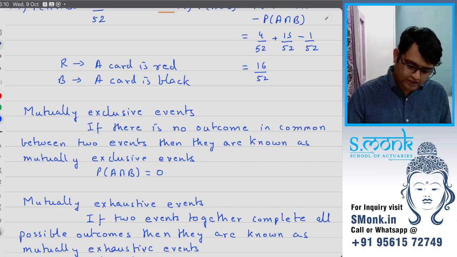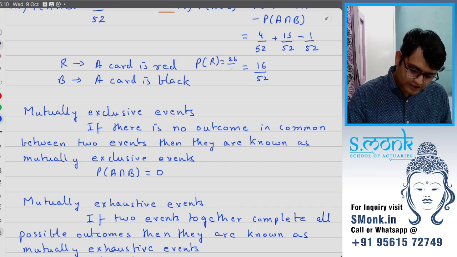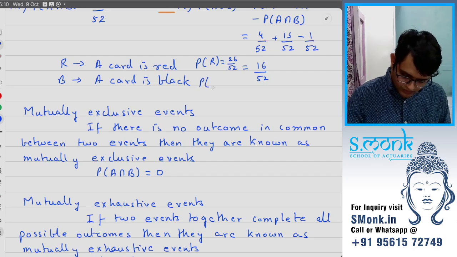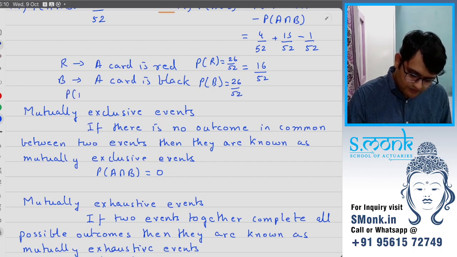So together I'll have probability of R, a red card, as 26 by 52. B will also be 26 by 52 and the intersection will be 0 because there is no card that is red as well as black.